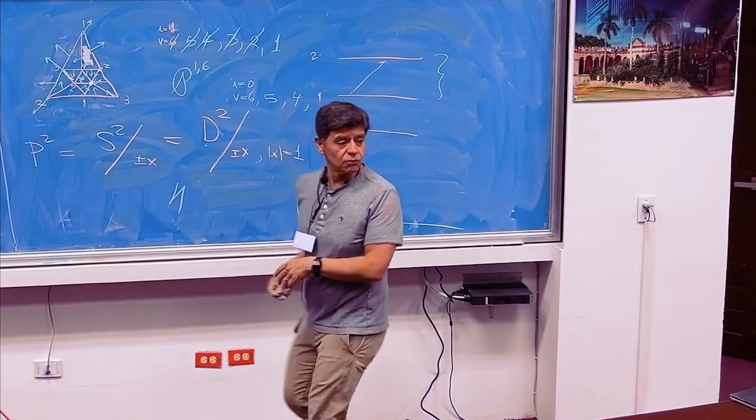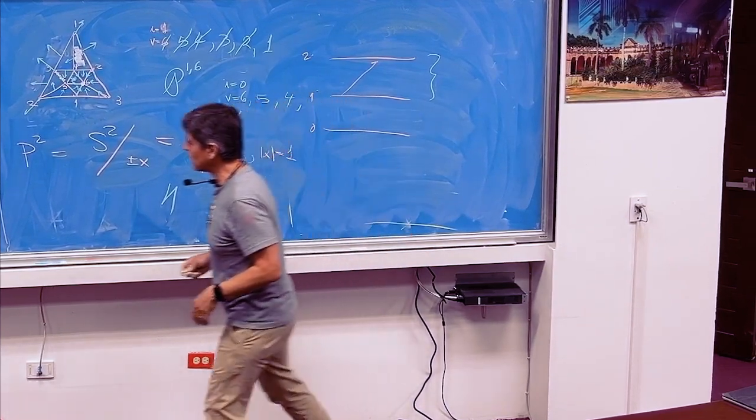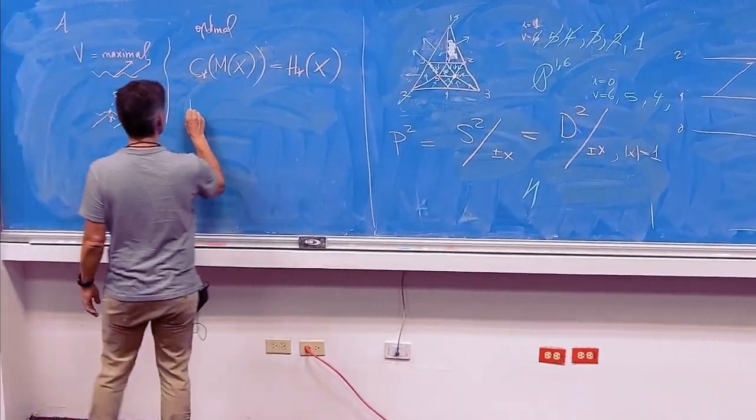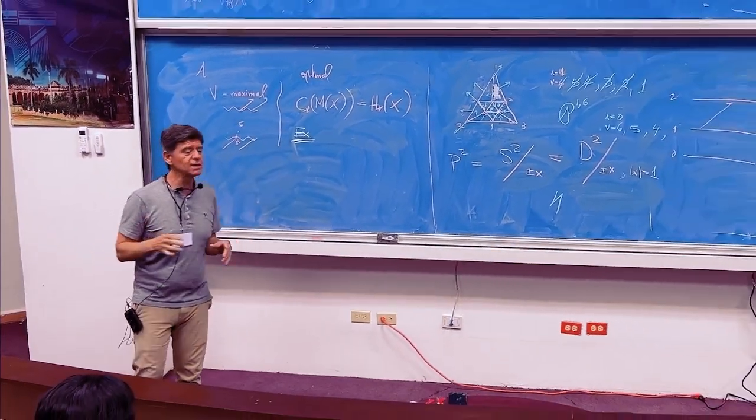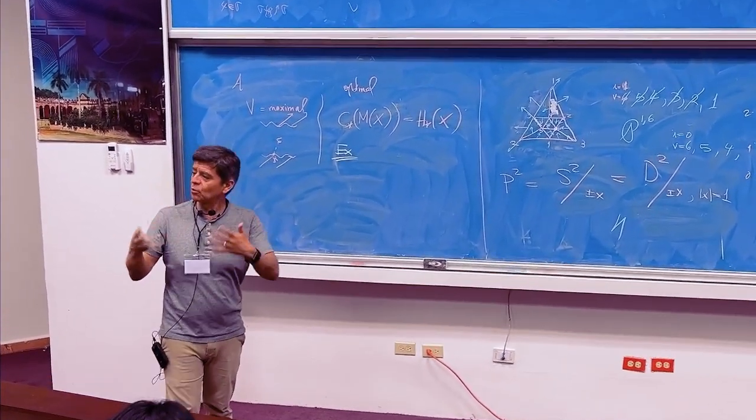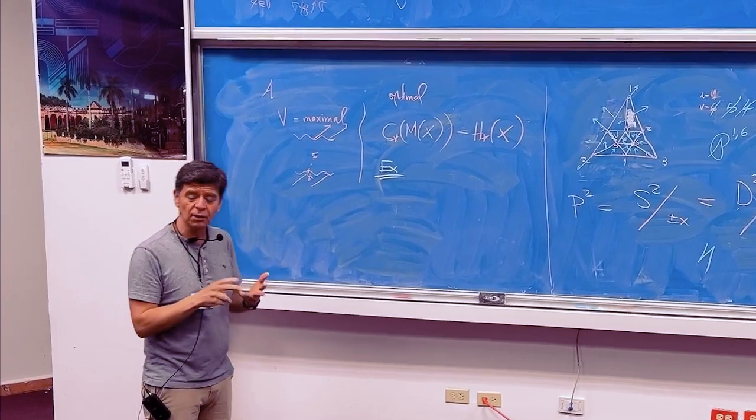So to finish, let me assign you this exercise. In the next talks, I'm going to be describing how to use these kind of things to compute invariants, homotopy invariants, like fundamental group and homology.